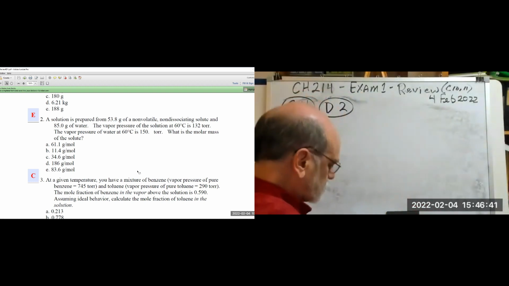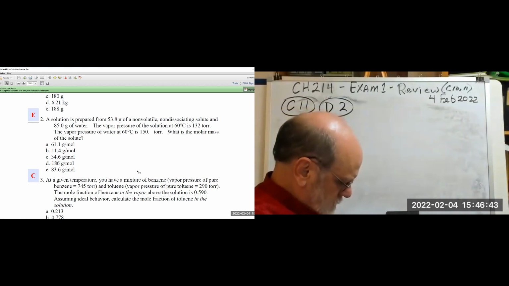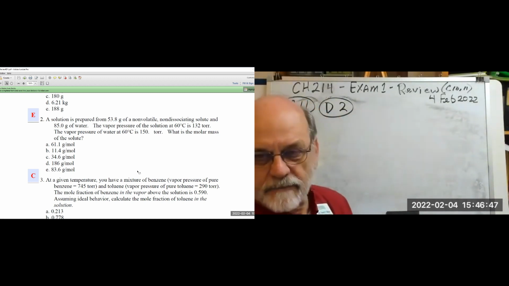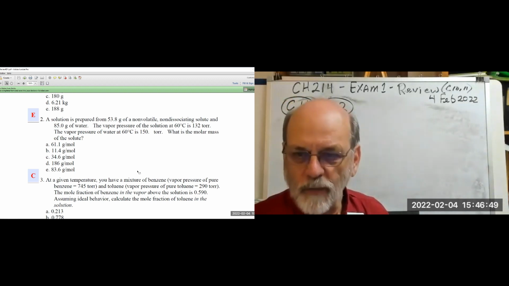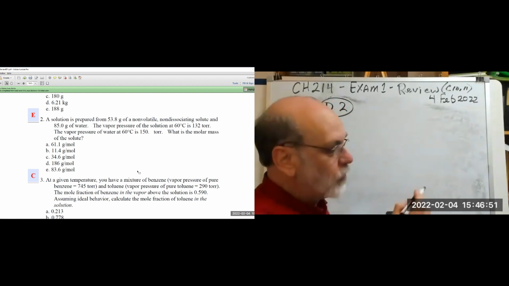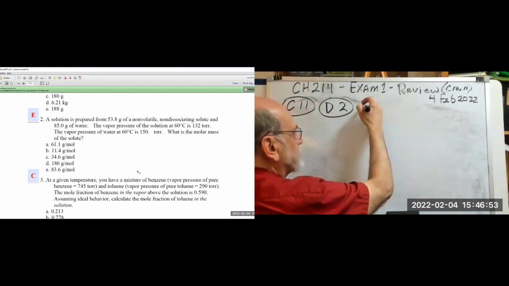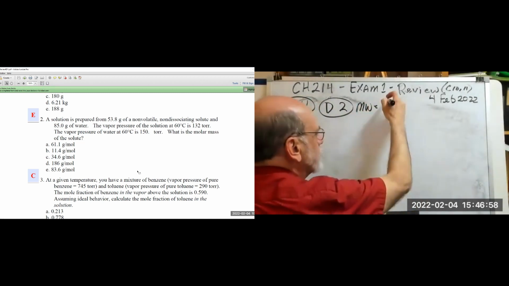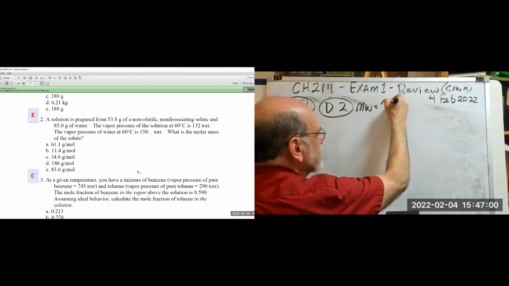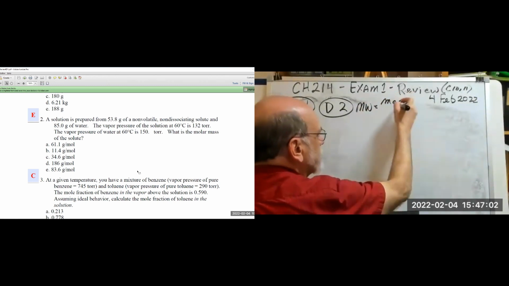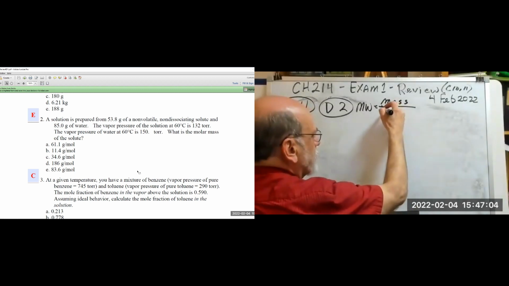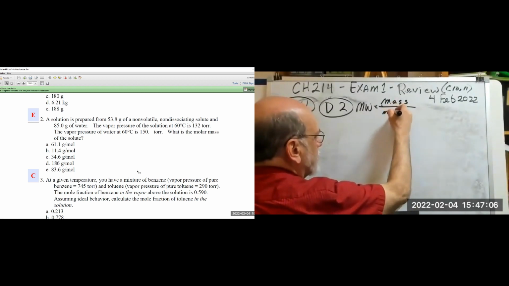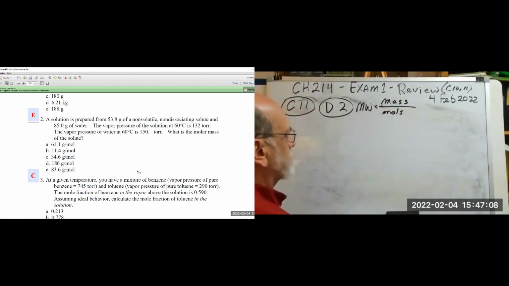All right. So let's go back to basics. The question is, what's the molar mass of the solute? So we need to know eventually the molar mass of the solute is equal to mass of the solute per moles of the solute.